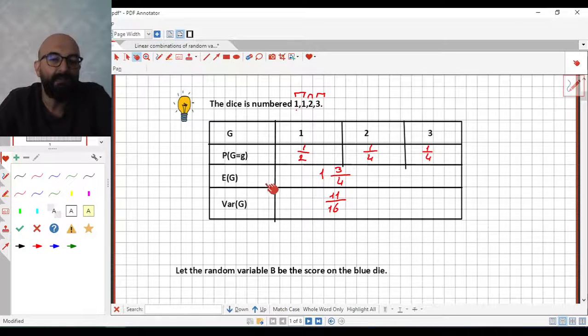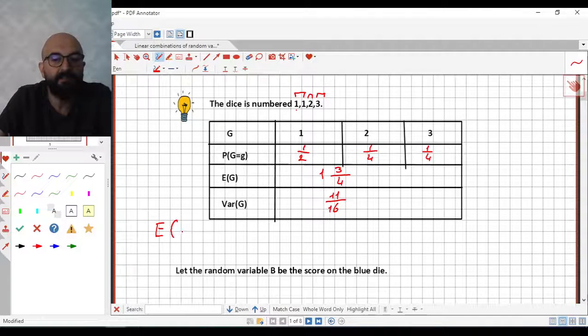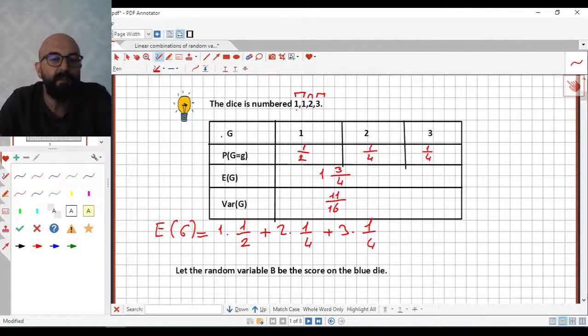And the expected value of G is 1 multiplied by 1 over 2, plus 2 multiplied by 1 over 4, plus 3 multiplied by 1 over 4. It means 1 3/4.